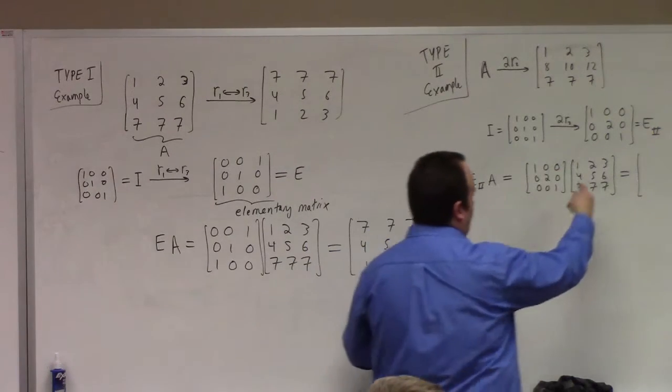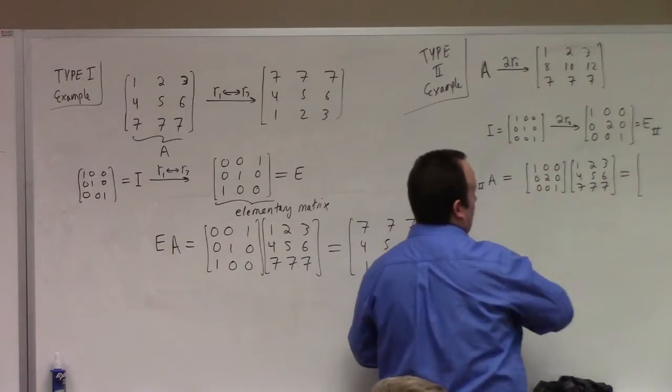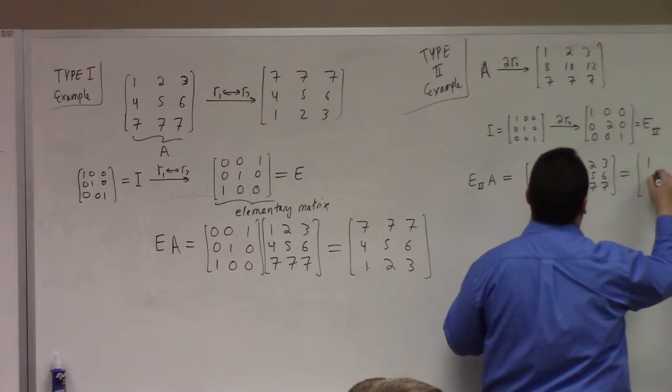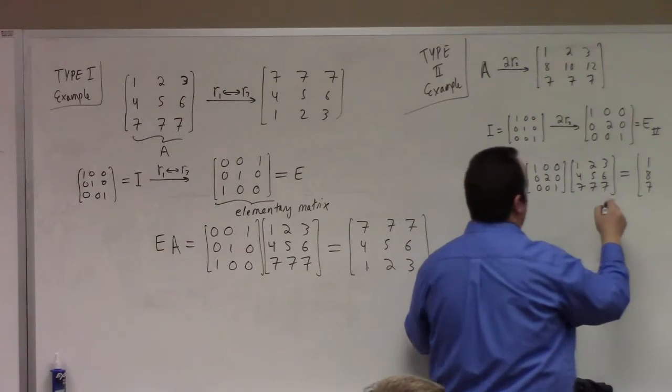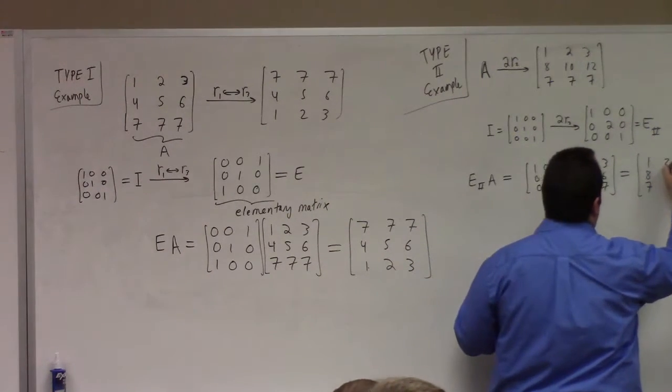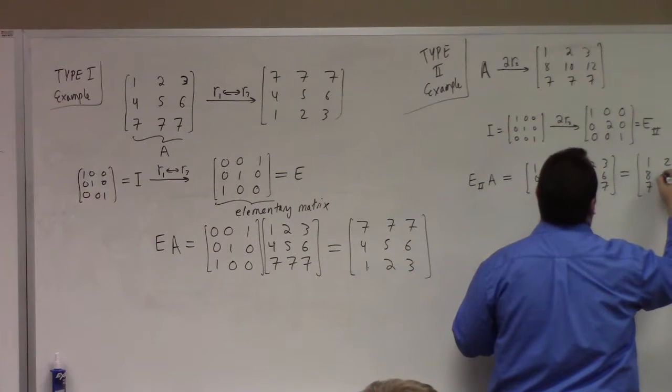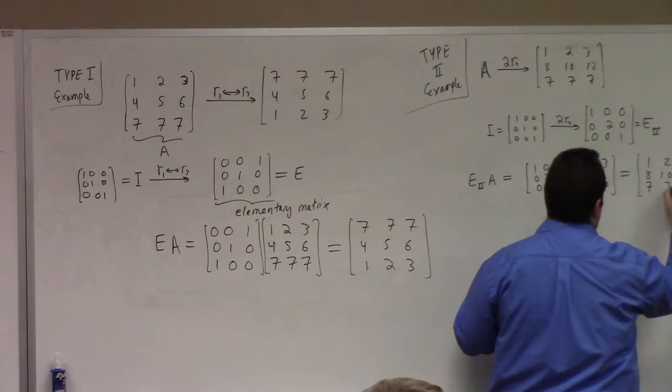I mean, you can work it out, right? We get 1, 0, 0. Oh, I'm sorry, I can't do math. 1, 8, 7. Anyway, you get 1, 2, 3, and 8, 10, 12, 7, 7, 7.